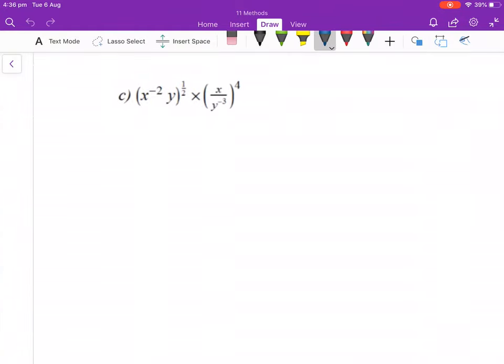And our last example for today. Let's step through this simplification. First of all, let's expand out each of these brackets. x to the power of -1, y to the power of 1/2, times x to the power of 4 over y to the power of -12.